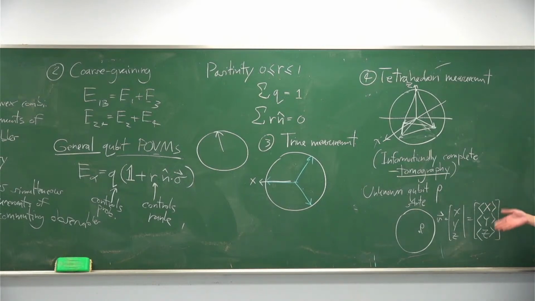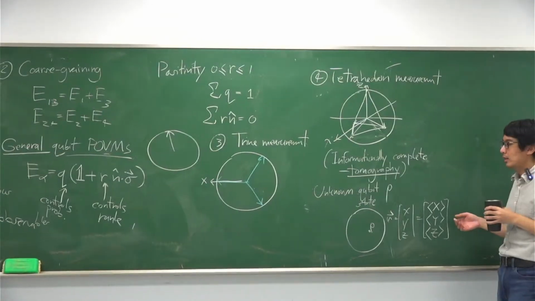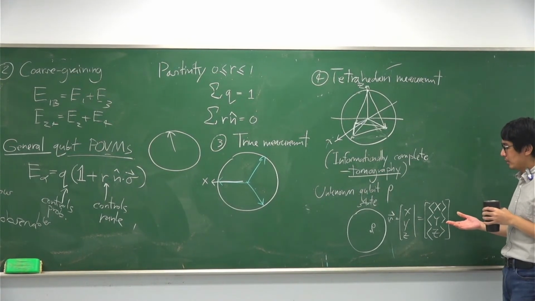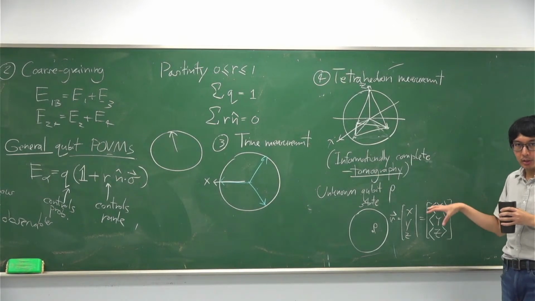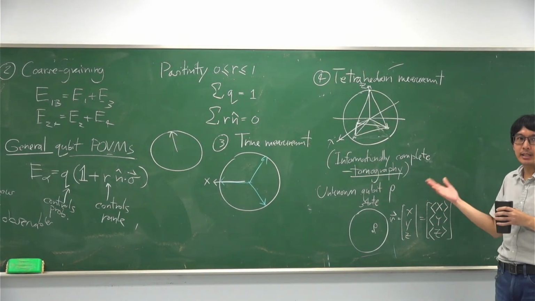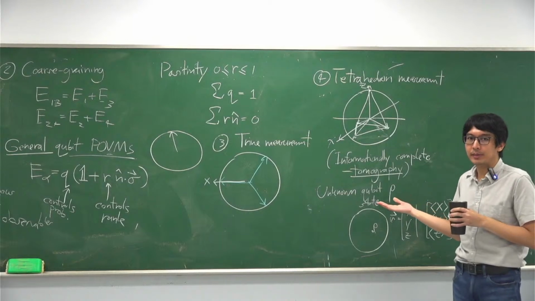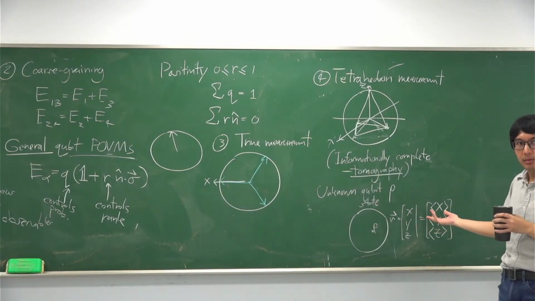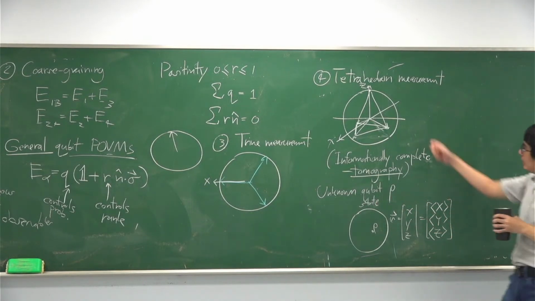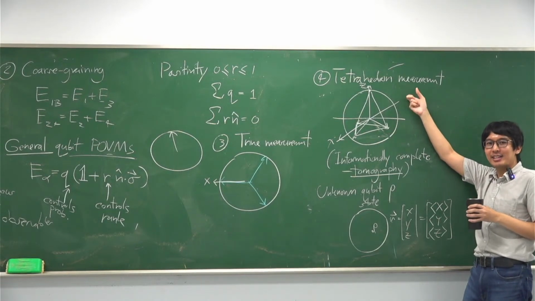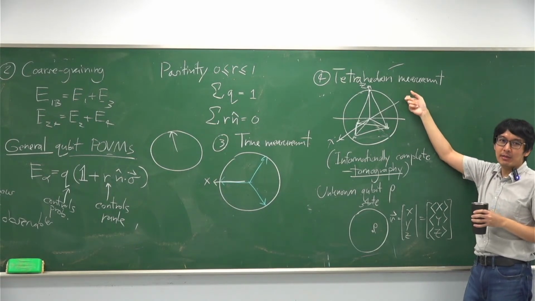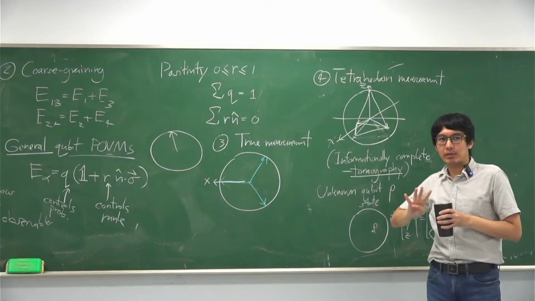You can think of this as separate observables, or you can group all of them into a single POVM that has 6 POVM elements, right? Because each measurement has 2 outcomes. But if you do the tetrahedron measurement, instead you only do a POVM with 4 POVM elements.